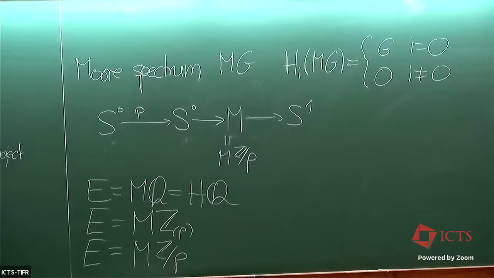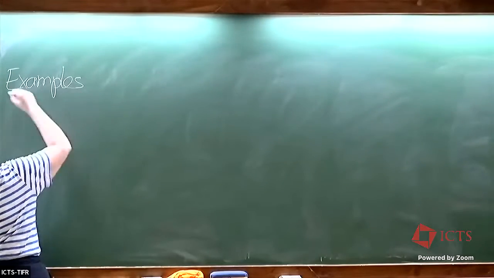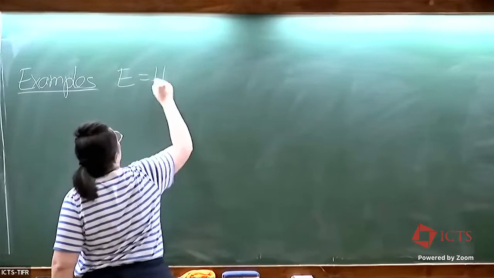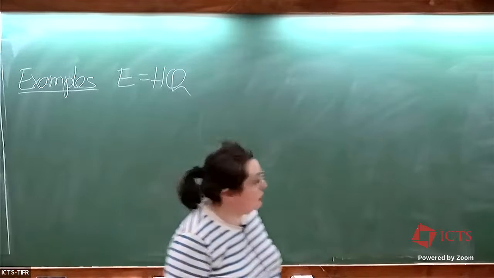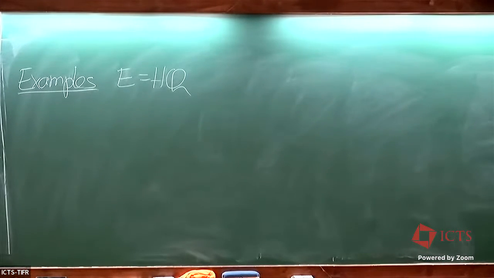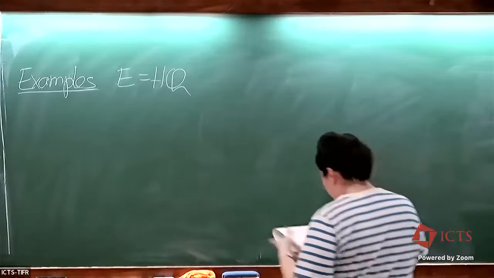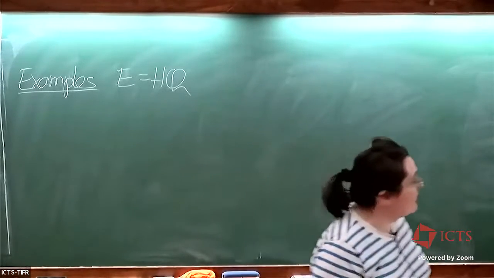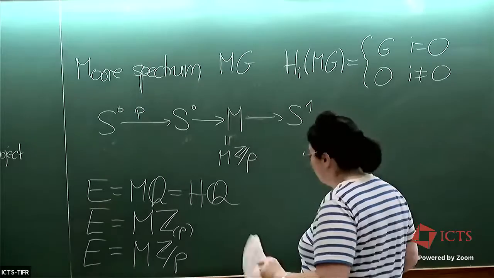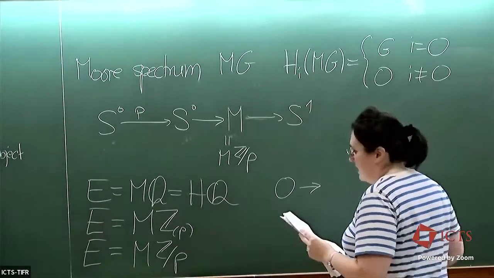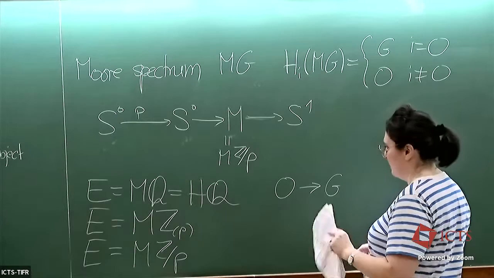So let's localize at HQ. So if we would like to know, okay, so what is Q localization? For all of these things, the main tool that really tells you all the things that I will write down in a bit, there is this universal coefficient short exact sequence that is, now there's indices involved.